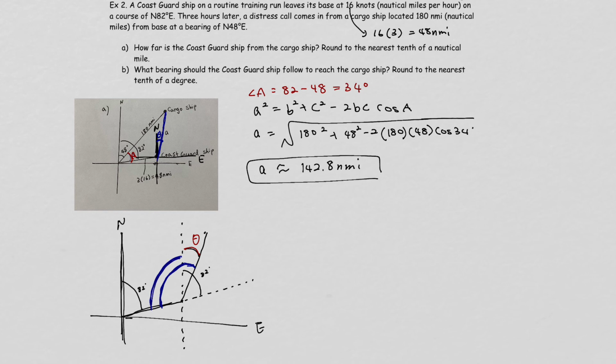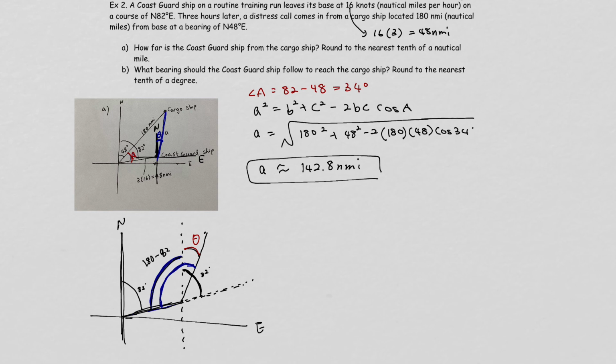If this is a straight line, this angle is going to be 180 minus 82, because this is 82.